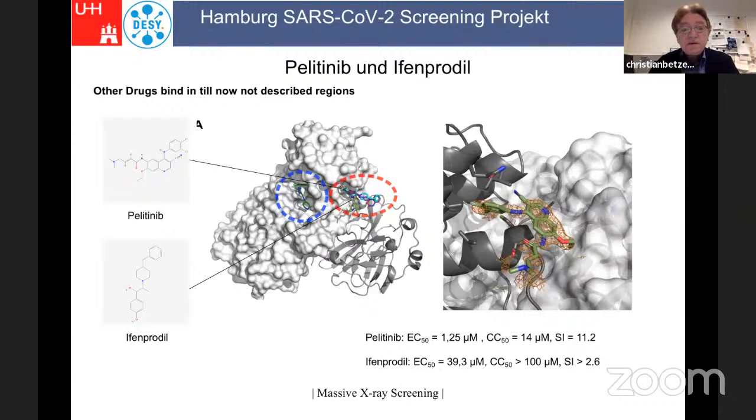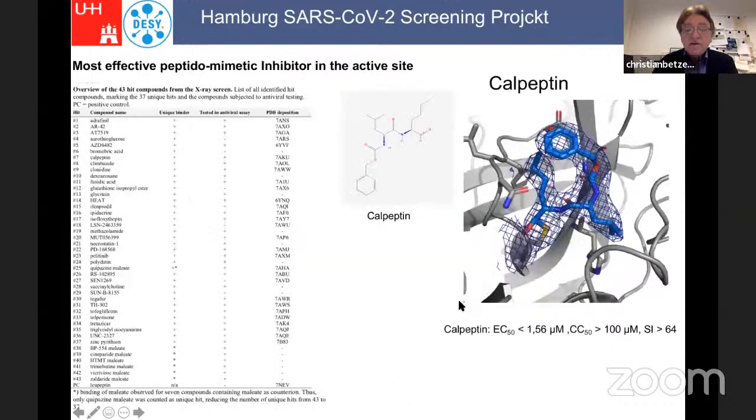They are used in the treatment of some tumors and cancers, and we found them nicely bound in the active site. And on this table, you see all hits we obtained from compounds which are already in pharmaceutical application.